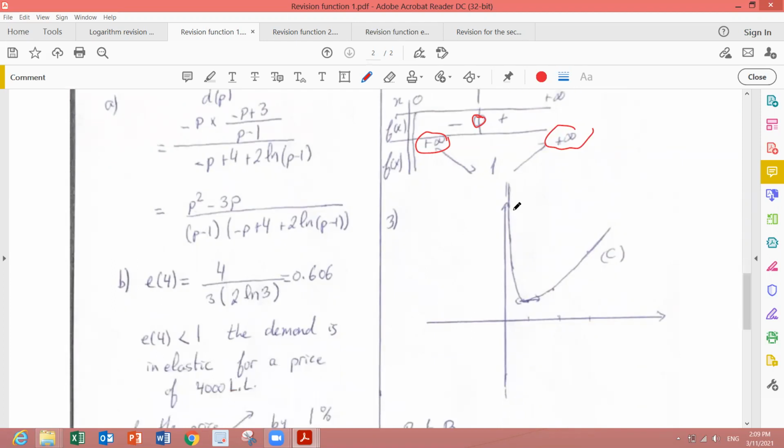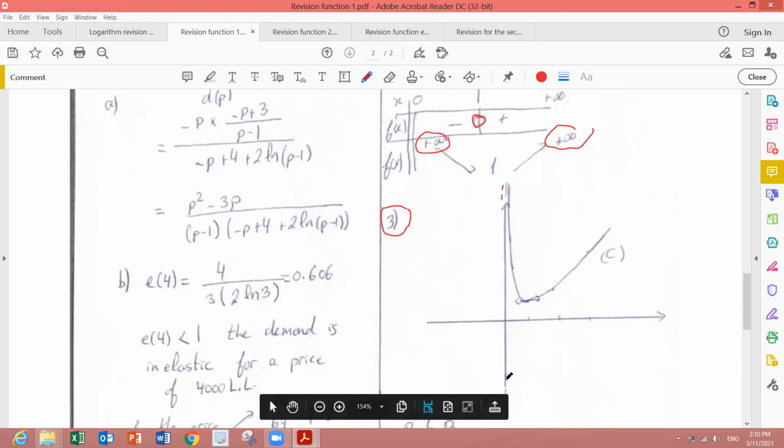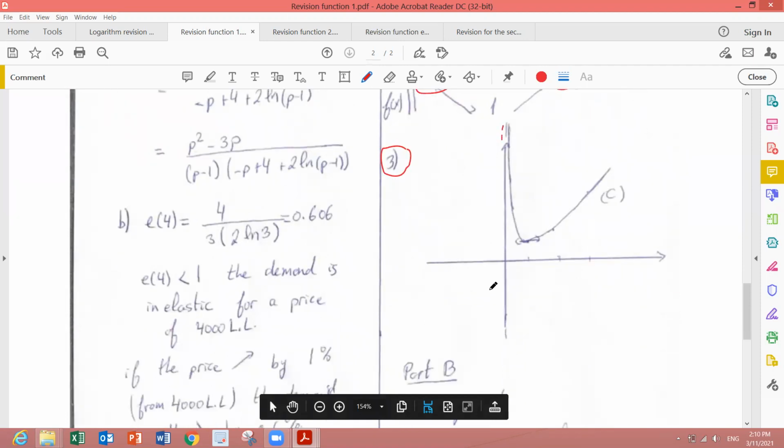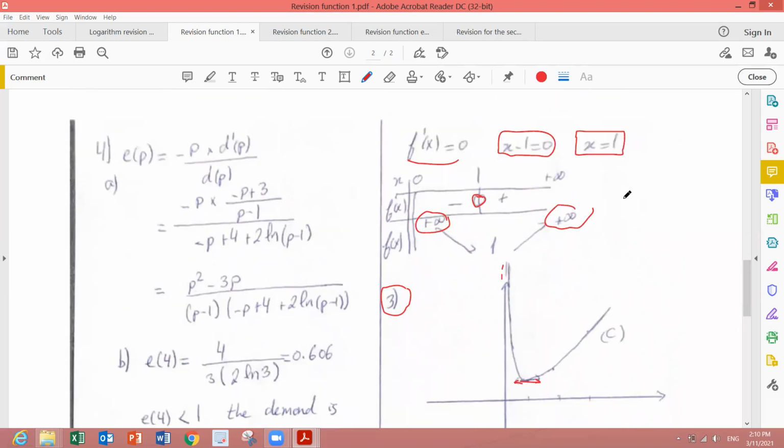Part 3. I am going to draw this curve. We have x equals 0, the y-axis, as a vertical asymptote. The minimum is (1, 1). You can use your calculator in table mode with x minus ln x, starting from 1 and ending at 5.